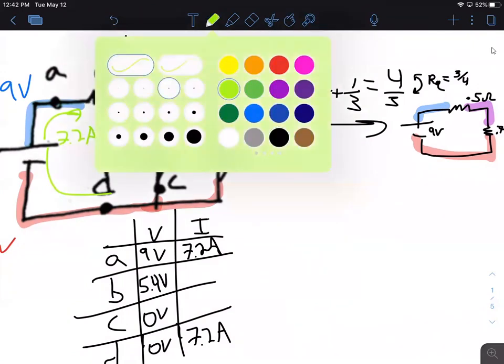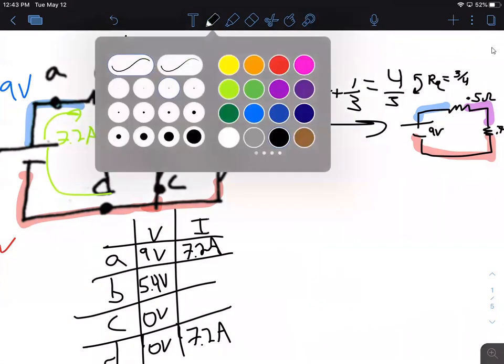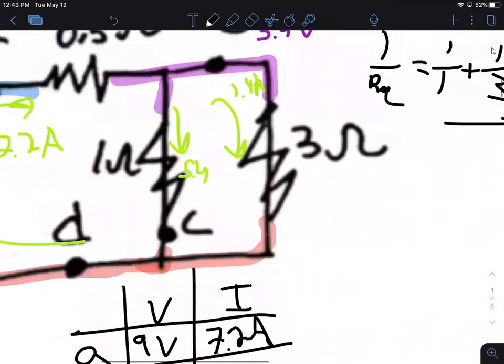So I could say I have 1.8 going down this way. 5.4 divided by 1 is 5.4. And I can check, these should add up to this: 5.4 plus 1.8 is 7.2, good.